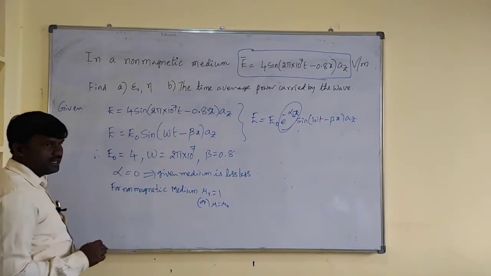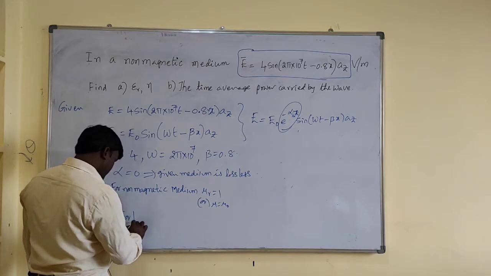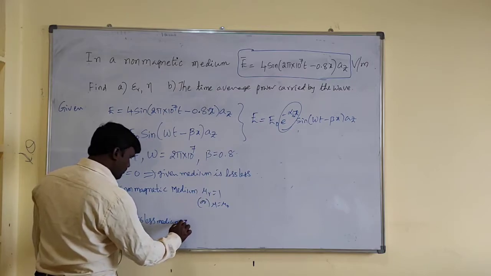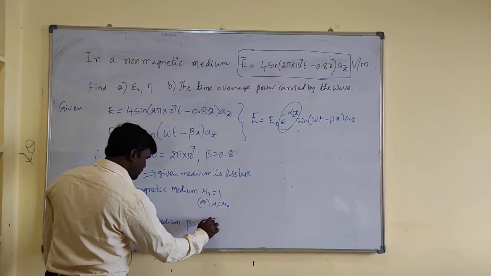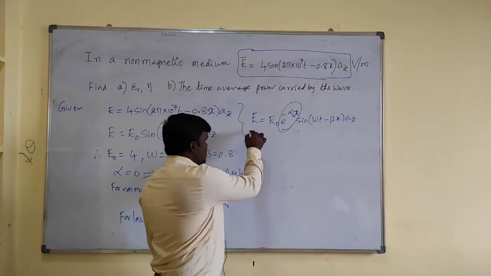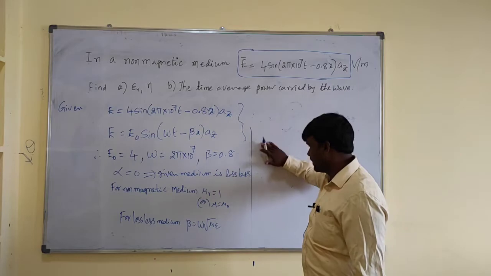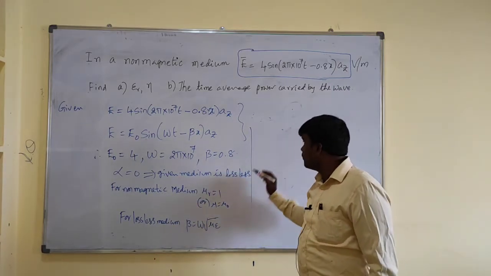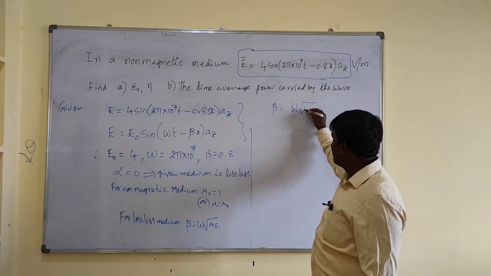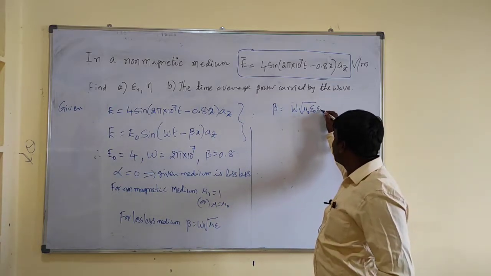So we need to determine epsilon r. For a lossless medium, beta equals omega root mu epsilon. What we require is epsilon r. So beta is equal to omega root of mu naught mu r, where mu r is 1, times epsilon naught epsilon r.